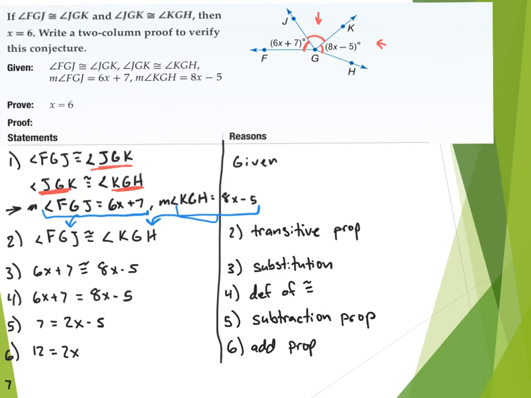And then finally divide. Before we're done, the last thing we got to do is double check and make sure that our conclusion matches the one we were supposed to get. So 6 equals x, 6 equals x, we are done, we can sign off, and that's it.